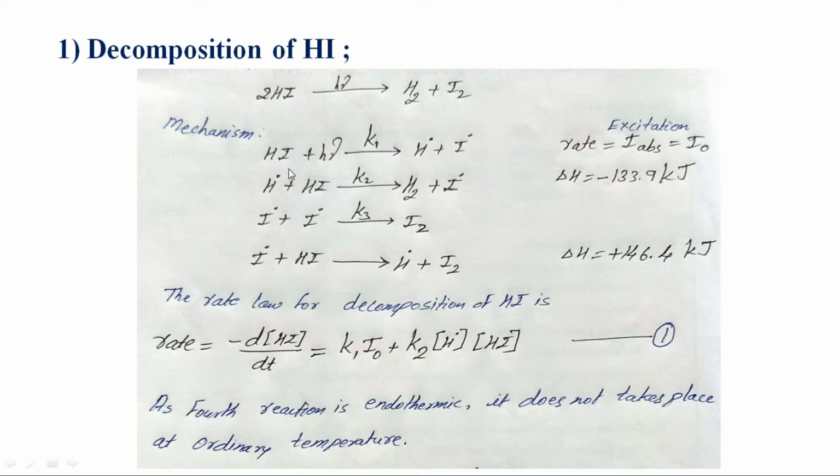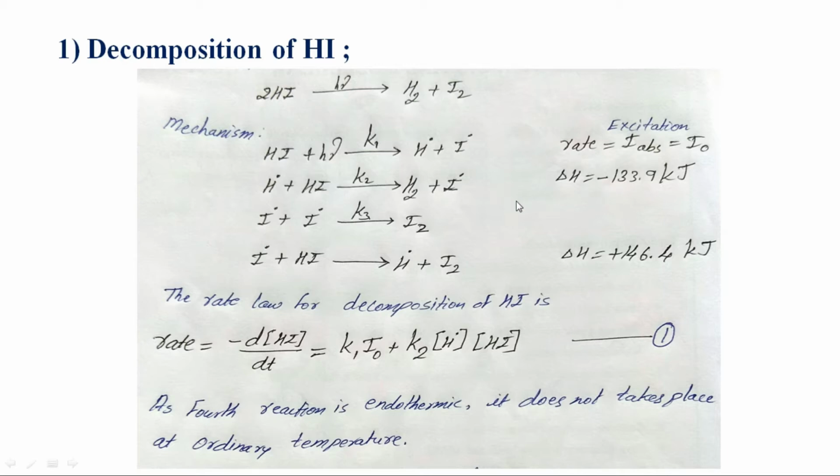So hydrogen free radical in a second step reacts with stable hydrogen iodide molecule to form hydrogen and iodine free radical. Let us consider K2 is a rate constant of the second step, and the second step is exothermic in nature, so heat is given out.